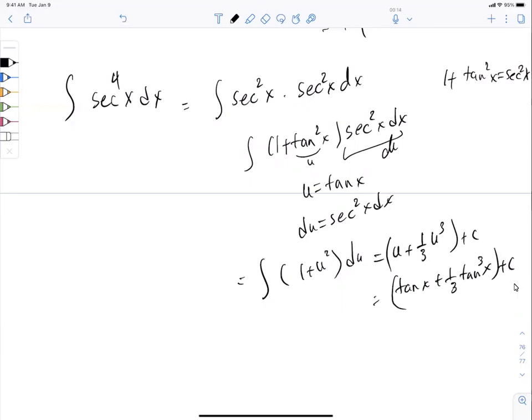As I say, it doesn't matter what power of secant it is. If it's even, you peel 2 and convert the rest to tangent. And you let tangent be your substitution, your u.